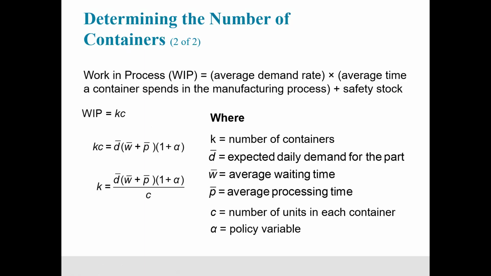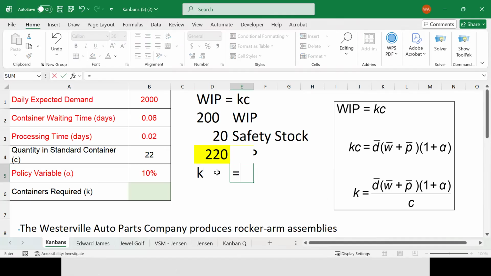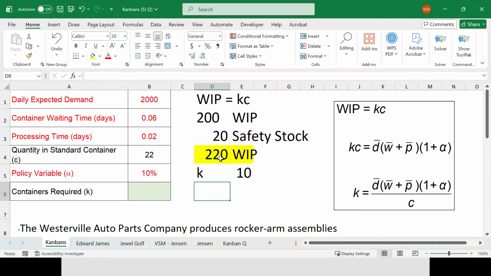The number of containers, or the number of Kanbans, equals the total work in process divided by the number of parts in each container. So for this business, we are going to need approximately 10 containers to get through all the demand that we need to make.